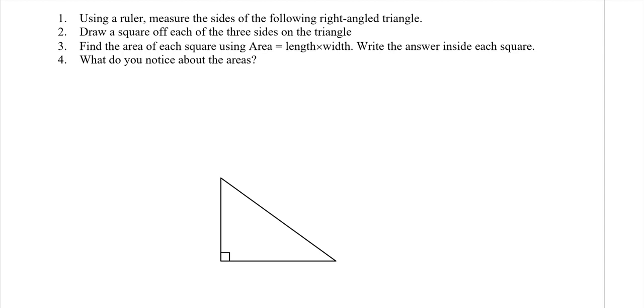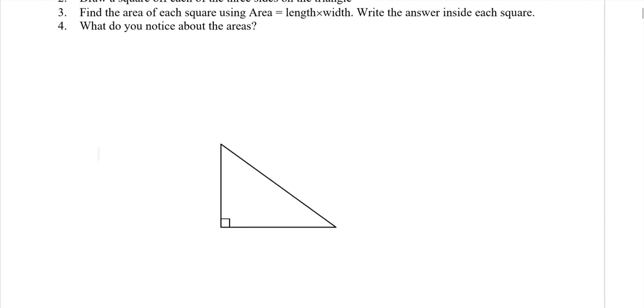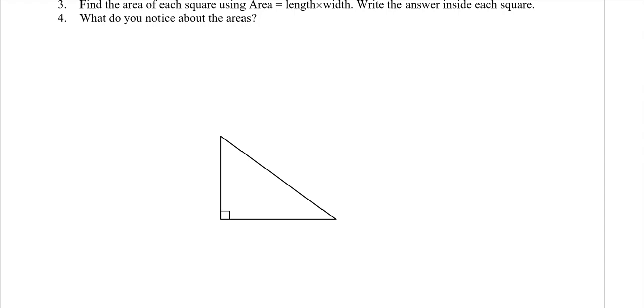What we're going to do, because I know you don't all have rulers, we might just do this not to scale. We want to draw a square off each of the sides that are there. Now, if you had a ruler, does anyone actually have a ruler? No? That's all right. This side here measures 3 centimetres. This side here measures 4 centimetres. And this side here measures 5 centimetres.